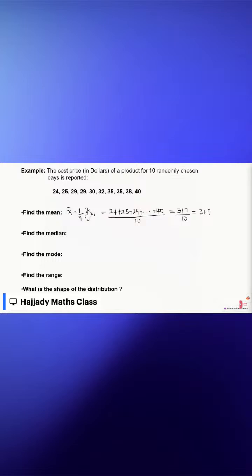The next one is find the median. Now to find the median, we need the middle value. If you look at this data set, we have an even number of values, which is 10. So the two middle values are going to be the 5th and the 6th value. Or alternatively, you can do it this way. Cancel out the first one, then cancel out the last one.